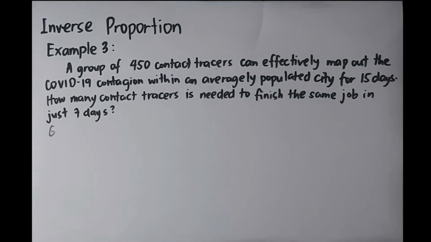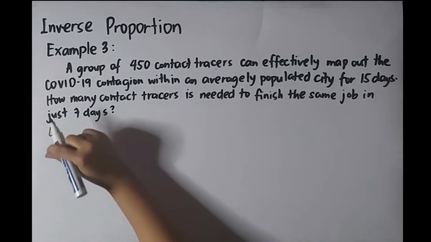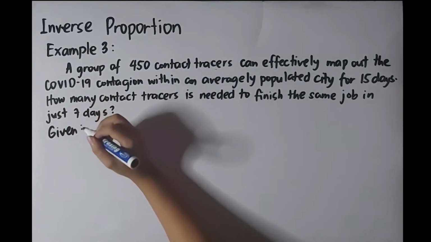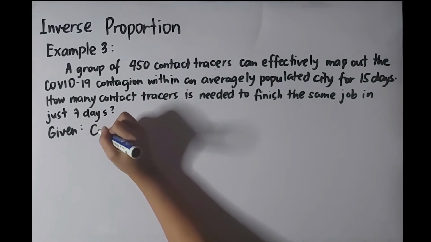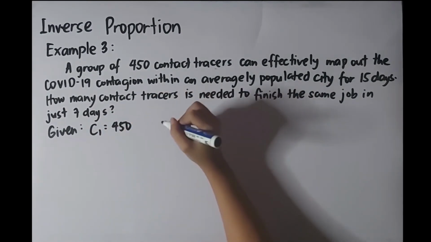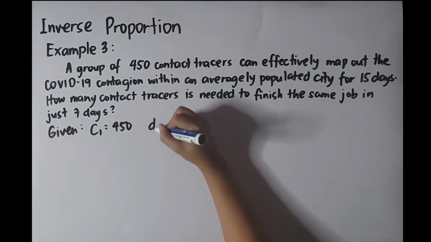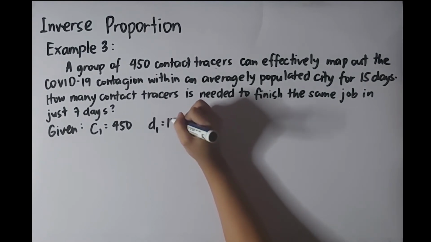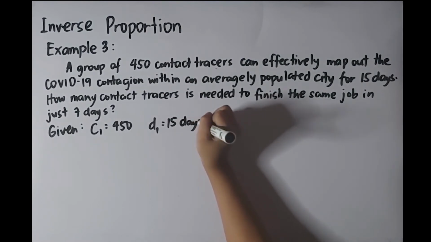So let's have the givens for our problem. We have the number of contact tracers, let's have C1. So first we have 450. The number of days they can map out whoever the COVID-19 infected is 15 days.